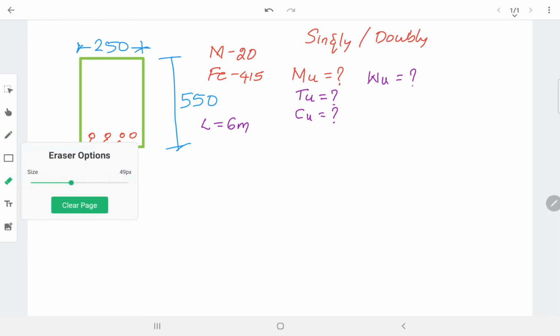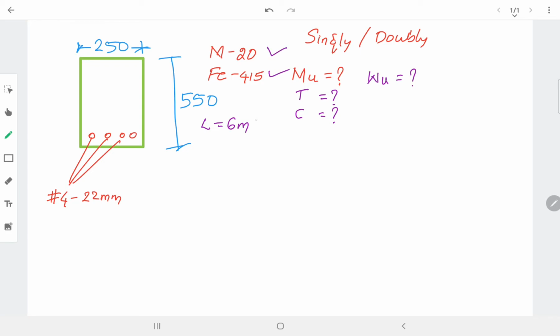I am not going to write Cu and Tu; instead I'll write C and T. So this is the given data: M20 grade concrete, Fe 415 steel, and length is 6 meter. Breadth b is equal to 250 mm, and capital D is equal to 550 mm, that is the overall depth of the beam.